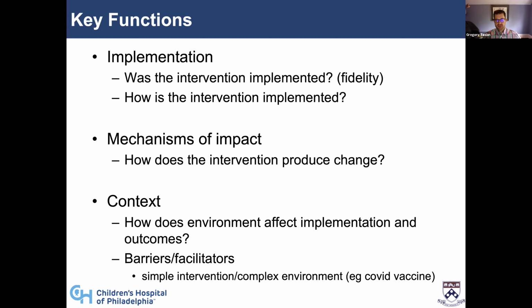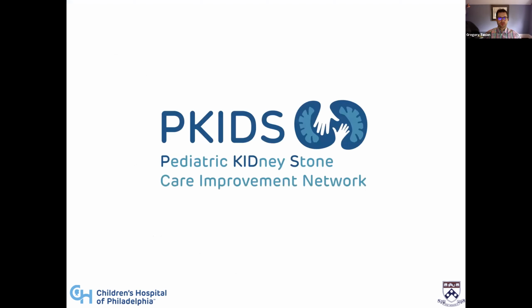So everything that we're considering with this complexity needs to be really considered in the process evaluation designed to evaluate it. So I wanted to provide two examples of studies that my group is conducting right now.